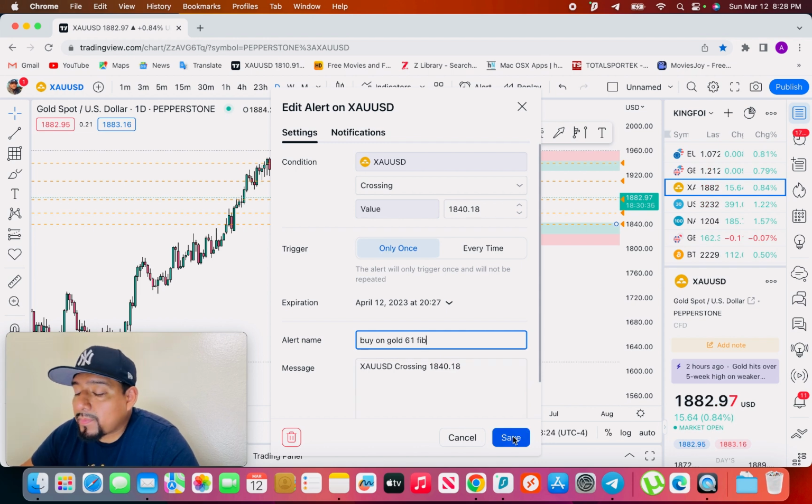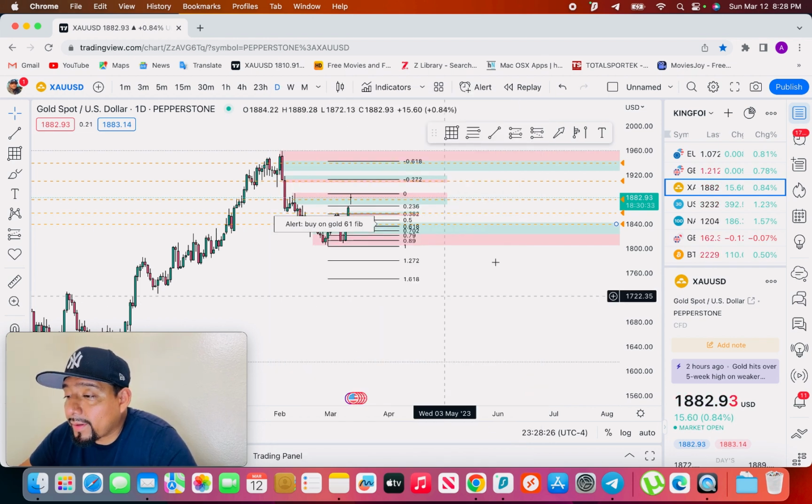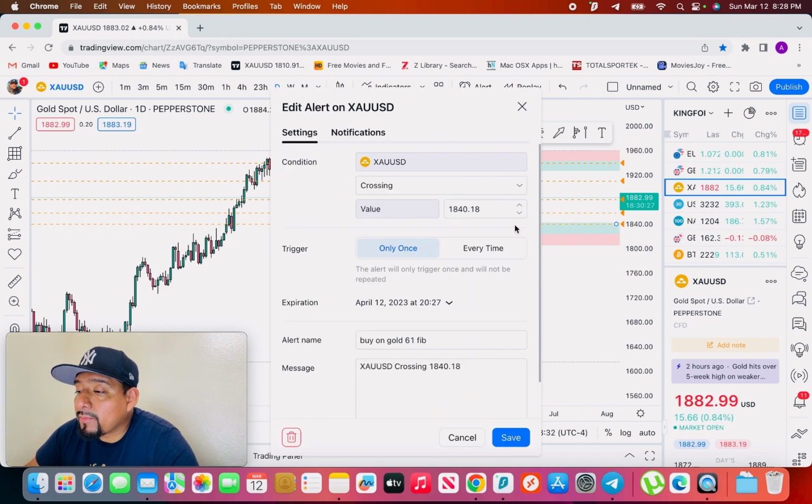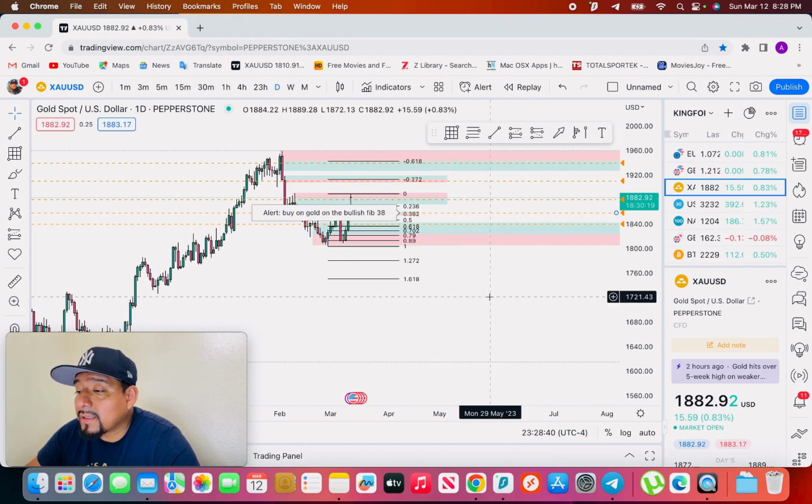So right now I'm just putting it just like that, but that's usually what I do. I mark them. I go ahead and set them up, and I forgot to put every time. But the reason why I put those messages on is because it makes it easier for me, because sometimes I'm in meetings, sometimes I'm out and about, and I get the alerts.